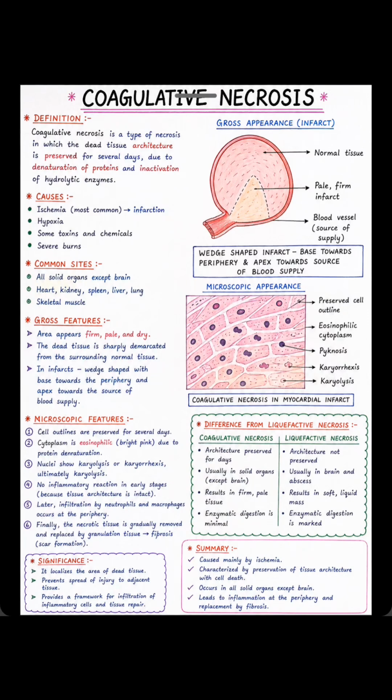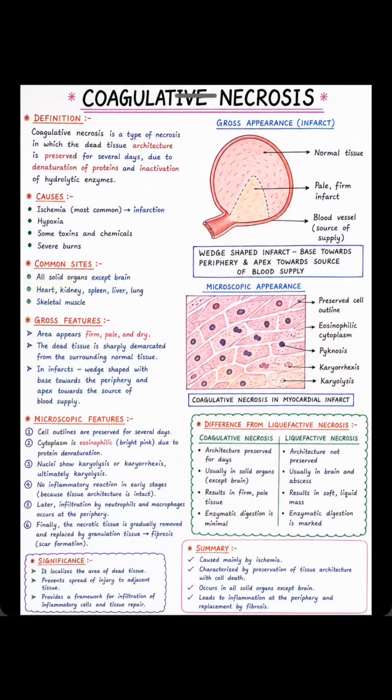Now comes the microscopic appearance. There are stages you must write in your exams in the microscopic features. That is, cell outlines are preserved, the cytoplasm becomes highly eosinophilic, pycnosis, karyorrhexis and karyolysis.